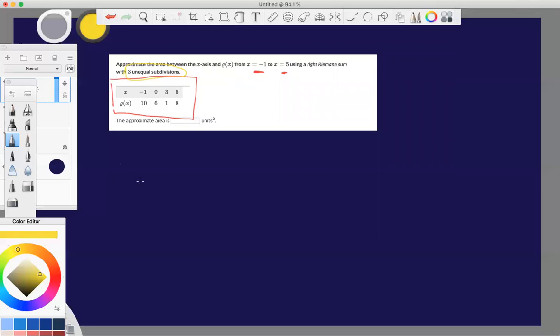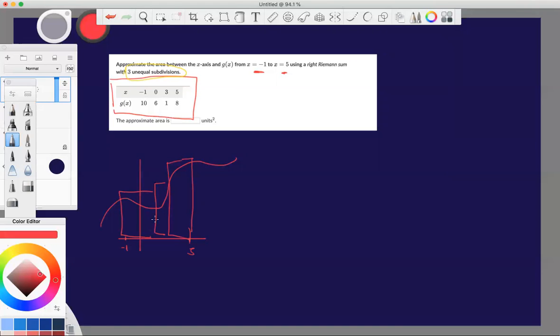So what that means is, let's say we don't know what the graph looks like, but let's say we do have a graph like this, and we're being told that our values from -1 to 5 are being subdivided into 3 unequal subdivisions. So our rectangles, we're using the right side, we might have this, and we might have this.